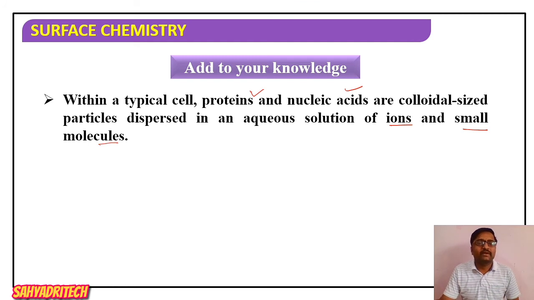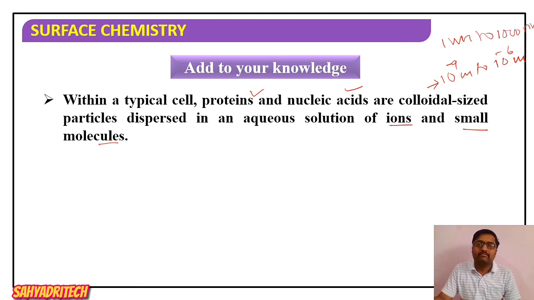Please remember, in a simple typical cell, either of animals or plants, the proteins and nucleic acids present are of colloidal size. Colloidal size means 10 raised to minus 9 meter to 10 raised to minus 6 meter, or we can say 1 nanometer to 1000 nanometer. These colloidal-sized proteins and nucleic acids are dispersed in the aqueous solution of ions and small molecules. This is one thing to be remembered.